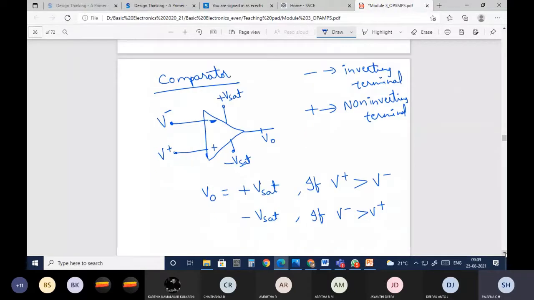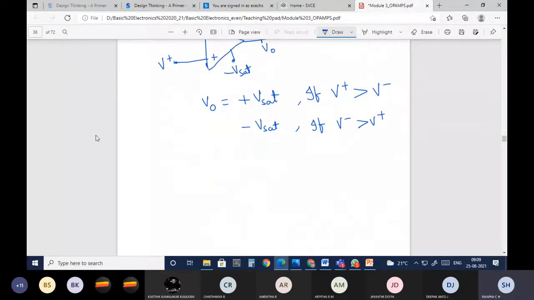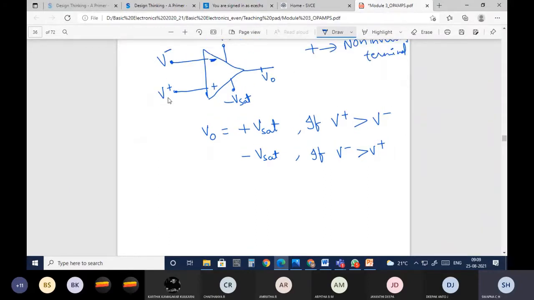This is the working of the comparator. It compares both input voltages and, based on them, provides the output voltage. The output will be plus Vsat if the voltage applied to the non-inverting terminal, V plus, is greater than V minus.